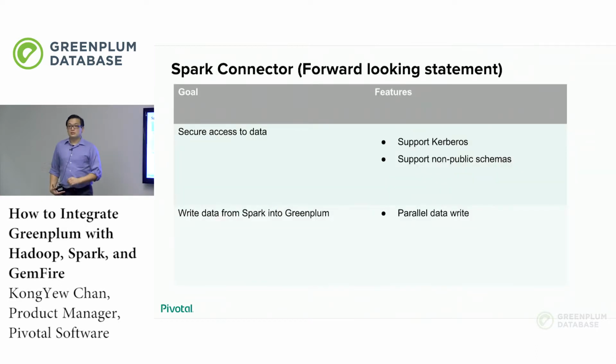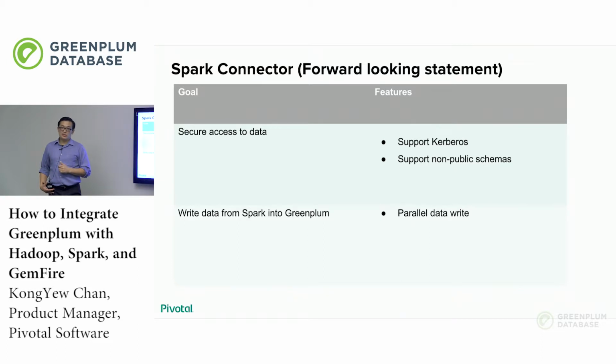So that's about using the Greenplum-Spark Connector. And these are a couple of features that we are looking into to enhance the connector. Similarly, once you have features of reading the data, next thing people will be asking is, can I secure the access to this data?